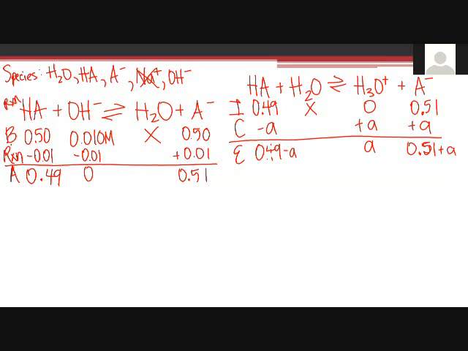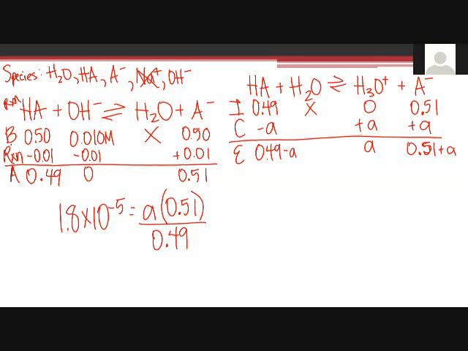So then here, we're going to use the same Ka value, but to save some time, I'm just going to replace from our last example how we had 0.5 over 0.5. Those numbers have changed now because we had a reaction happen. So now the Ka value is the same, 1.8 times 10 to the negative 5, equal to A for hydronium times 0.51 for the conjugate base over 0.49 for the acid.